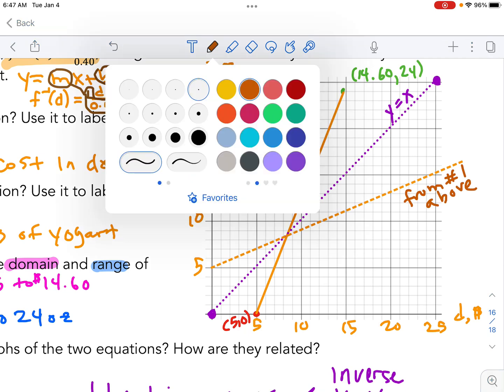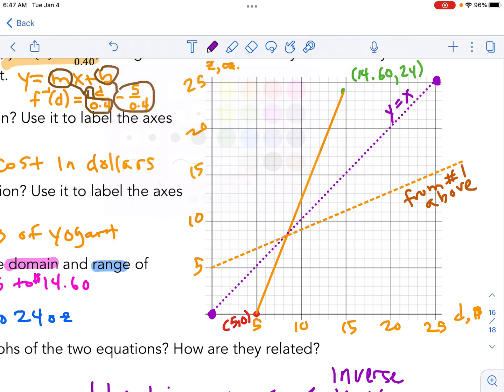So notice that reflection. Notice that they cross where the y's and the x's are the same, right? So when we swap them, we get the same point. So notice that if we look at this point here, it maps to this point here. Notice that reflection. This point here maps to this point there.